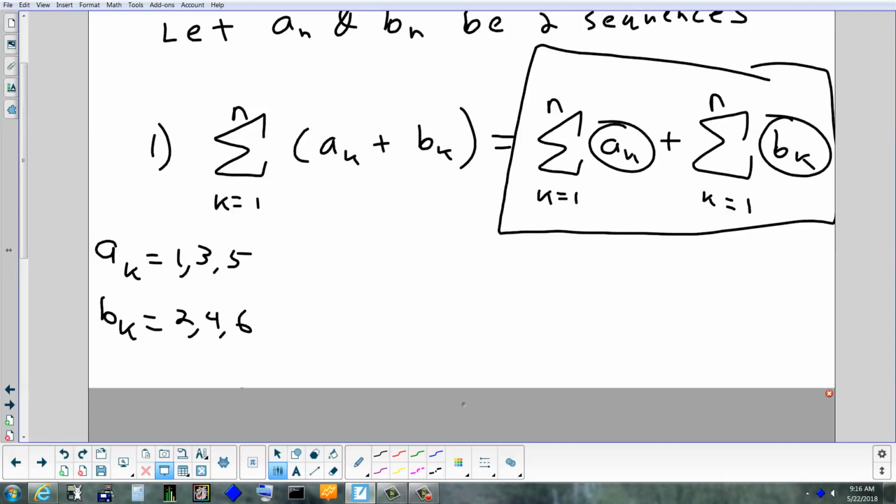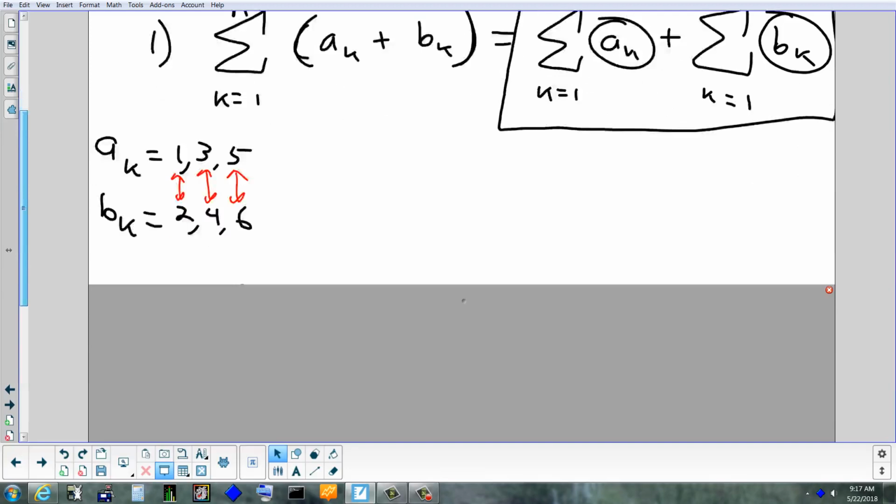So on the left, order of operations, they put parentheses around that. So they're saying add up sequence A and sequence B first. And the way you add two sequences together is you just add the corresponding terms. So those two get added, those two get added, and those two get added.